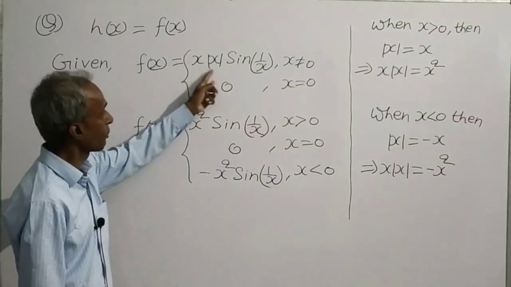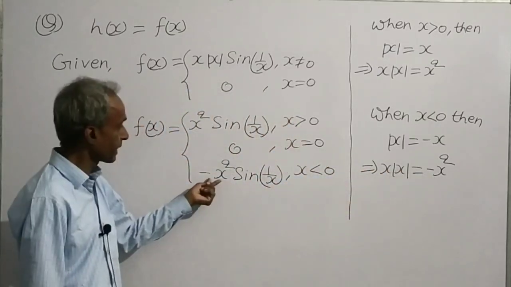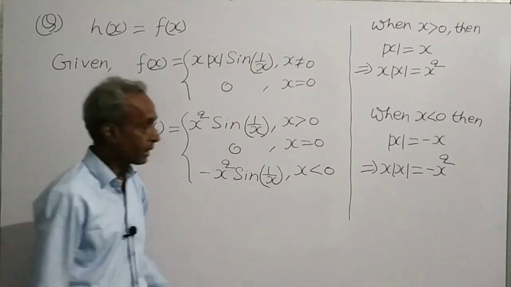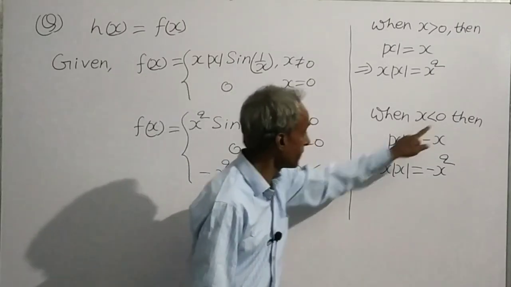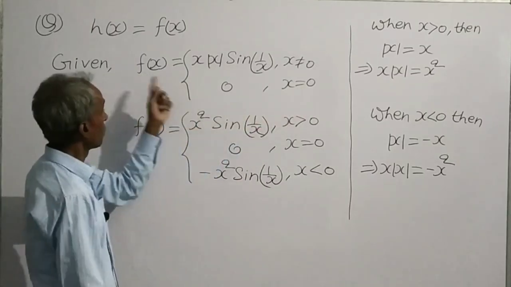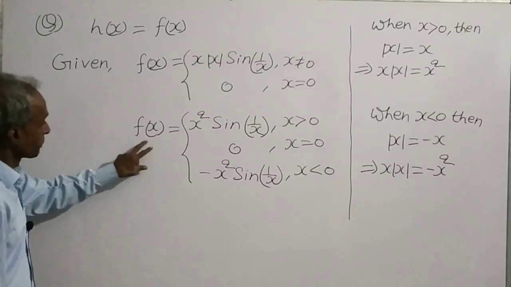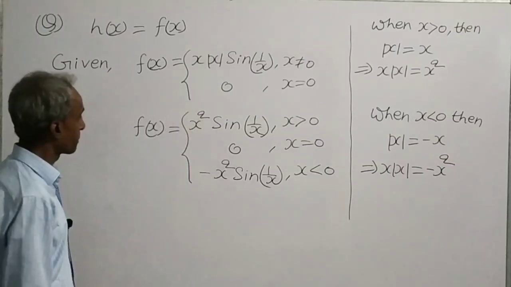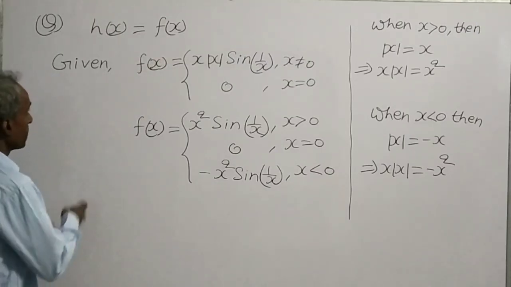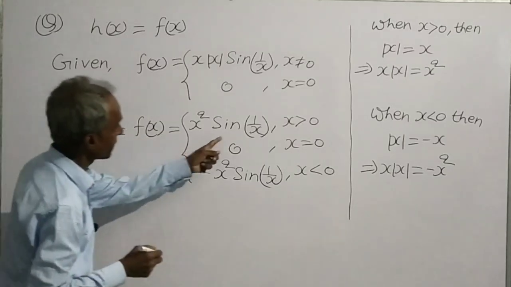Therefore, in place of this x mod x, we will write minus x square, then sine 1 by x when x is negative, and when x is 0, then fx is 0. Thus we get fx is equal to this function, but hx is equal to fx. That means hx is equal to this function.